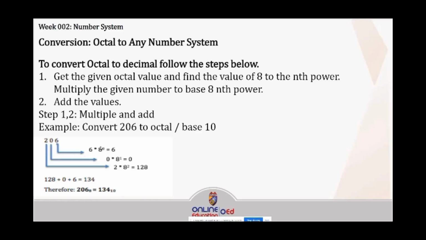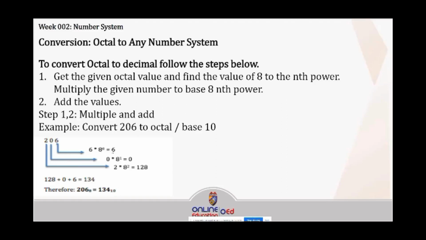6 multiply by 8. Why 8? It's because it's octal, di ba? And then raise to 0, 1, 2. Tuloy-tuloy lang ang count niyan. 0 multiply by 8, 2 multiply by 8 raised to 2. Any number raised to 0, 8 raised to 0 is 1.